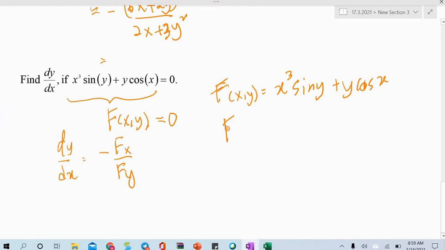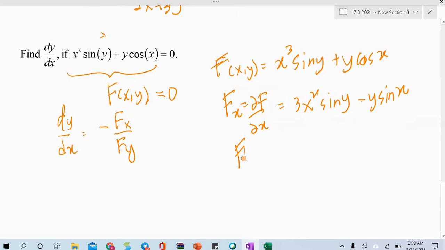So f subscript x, or del f del x, is the same. This is 3x squared sine y, plus the cos, which will be a negative sign, right? So fy will be x cubed cos y plus cos x.